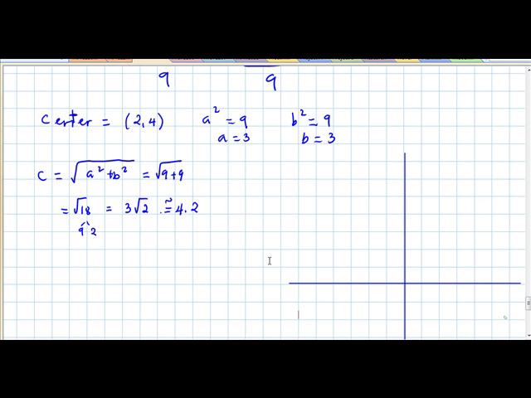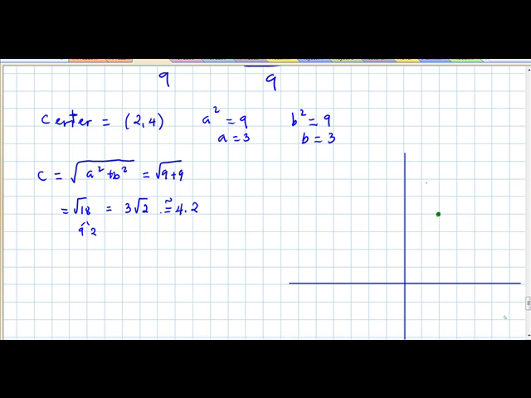So now I have enough information for the graph. We know our center is 2, 4. So I go to the right 2, up 4. Right there is our center. Now a is where our vertices are located.